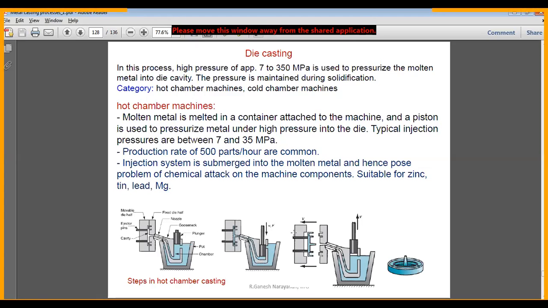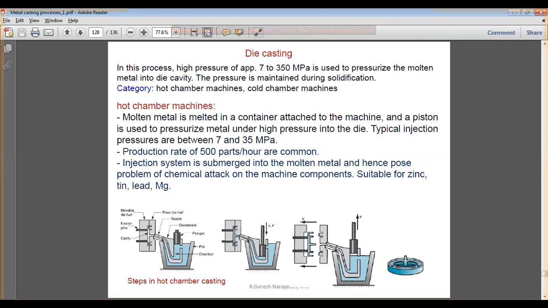This jaw is opened, and this way we take out the part. So this is the gooseneck or permanent die casting, hot chamber casting.